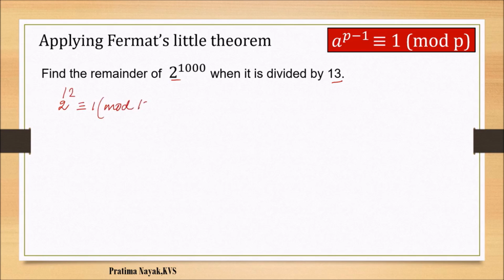That means when 2 raised to the 12 is divided by 13, we get the remainder 1. So next is to write this 1000 in terms of 12. So 1000 is equal to 12 into 83 plus 4.